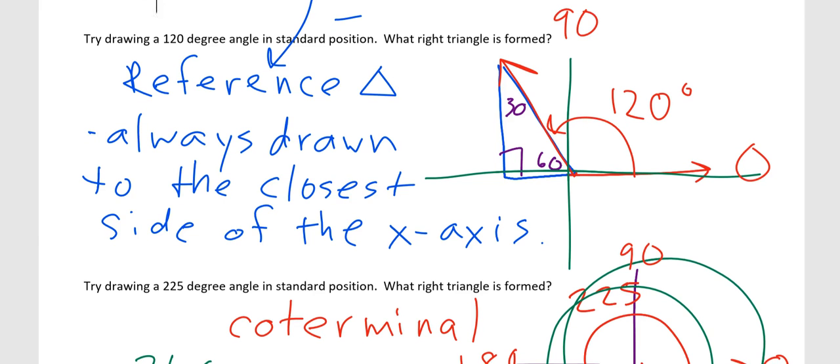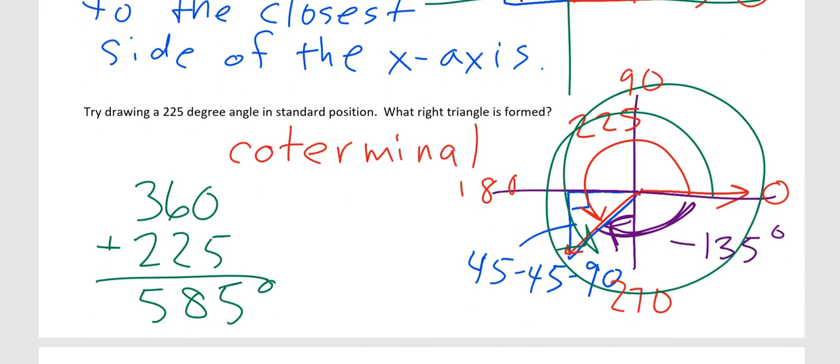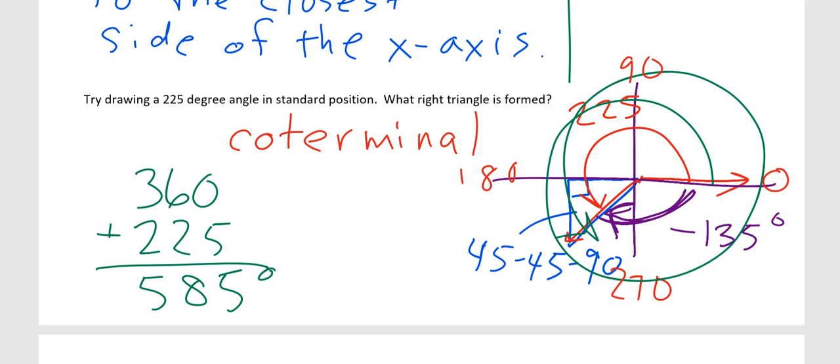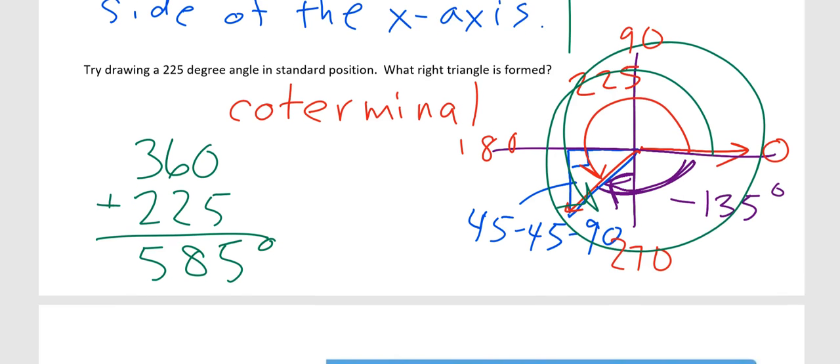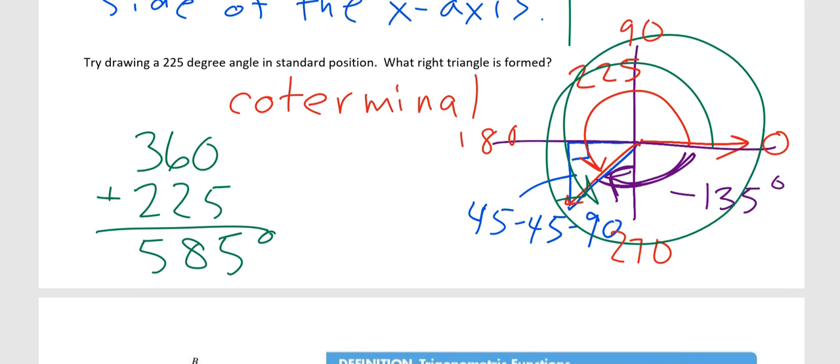And then we looked at 225, and that was down in quadrant... Oh, by the way, do you know your quadrants? It's because of the way that you spell quadrant. Do you know how to spell quadrant?